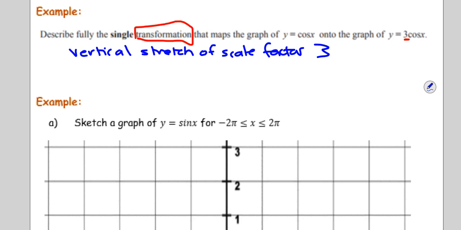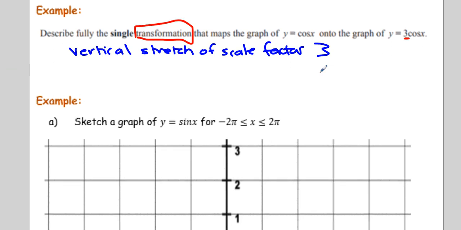The horizontal stretch is the reciprocal. No harm in also saying something about the amplitude if you want to, just as a backup.